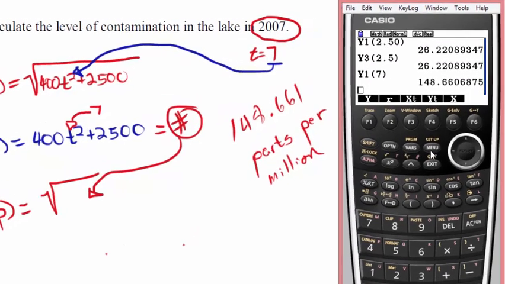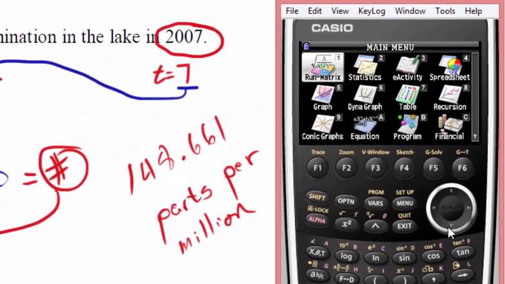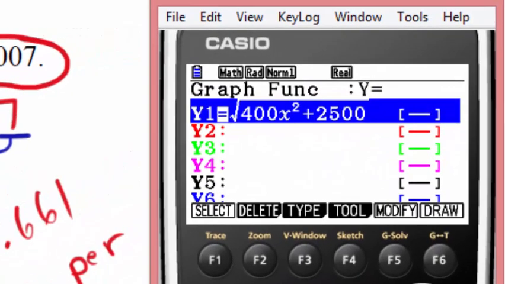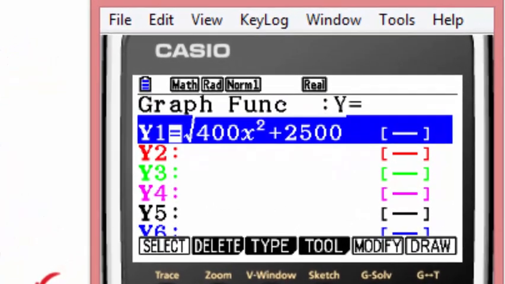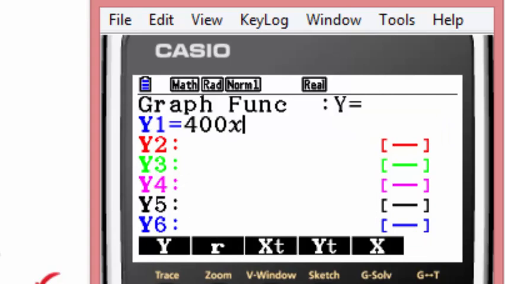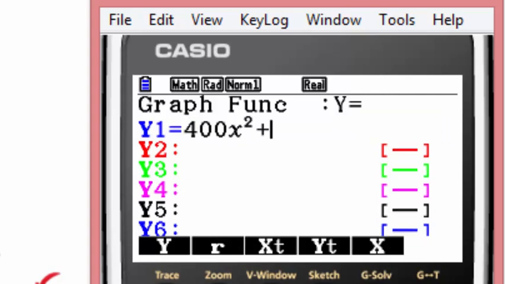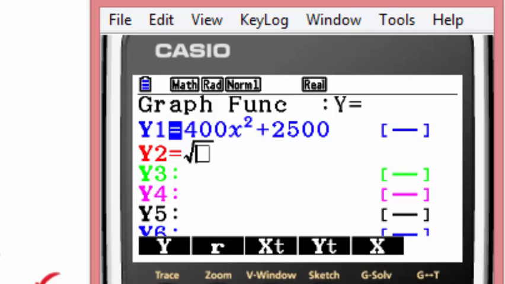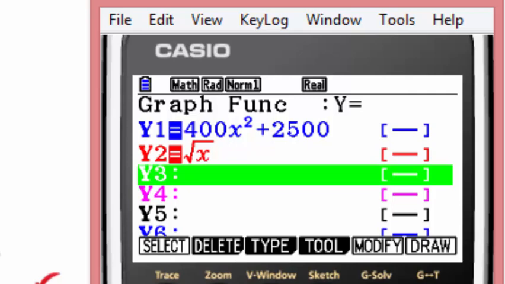Okay, our second strategy, which I think might be a little cumbersome, is to put my first function here in y1, which would be my function for the population. So this is 400 x squared plus 2500. Then in y2, I'm going to put my second function, which is the square root of the population, and then in y3, I'm going to compose them.